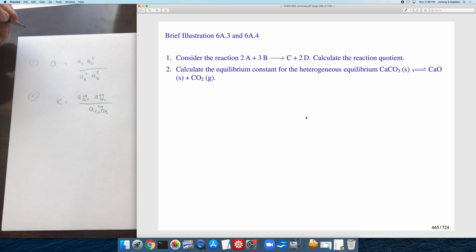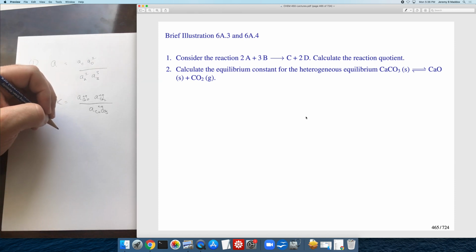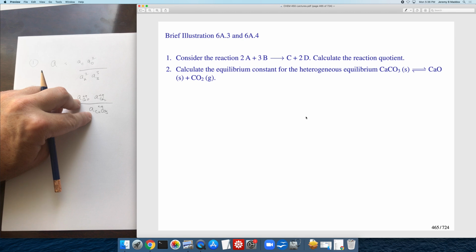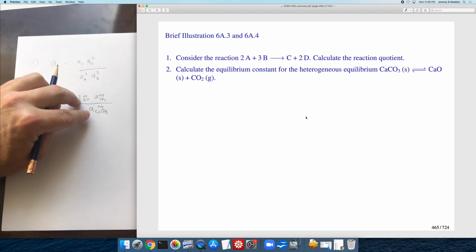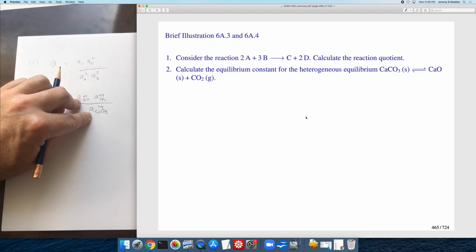And what is written on the next slide are the conventions that we use for activities. For solids and liquids, the activity is taken to be 1.